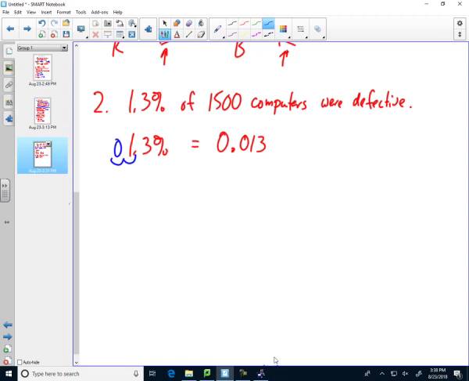Okay, is everybody with us so far? Okay, now let's look at our numbers. The 1.3% sounds like a rate to me. That's the defect rate, isn't it? Think about it, defect rate. Now, what do you think the 1,500 is?